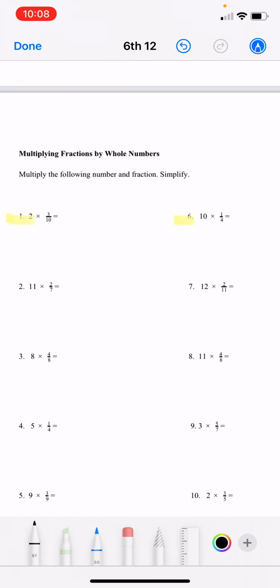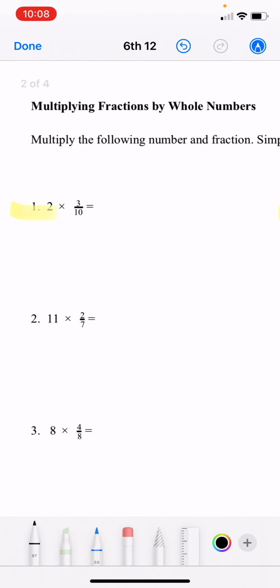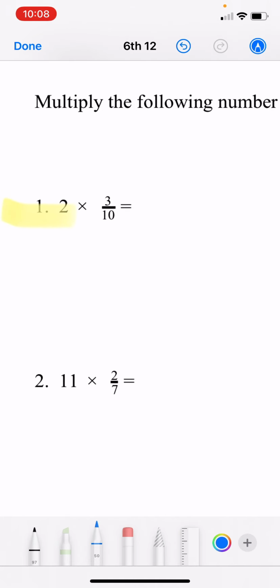Here we are asked to multiply the whole numbers and a fraction, again simplified. So for number 1, always remember there is a denominator of 1 for any whole number. For multiplication, do we need LCDs?